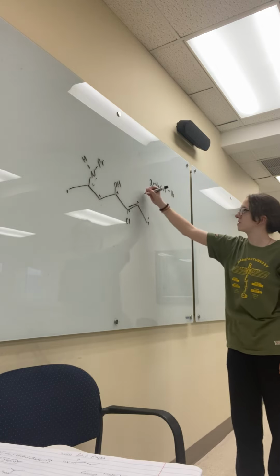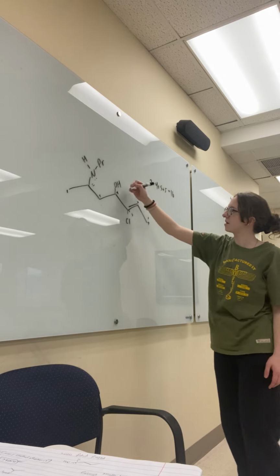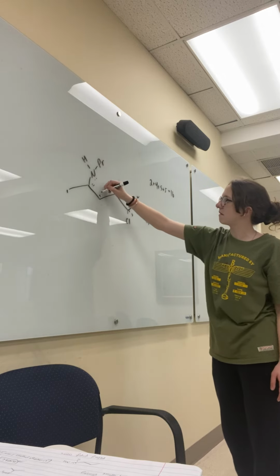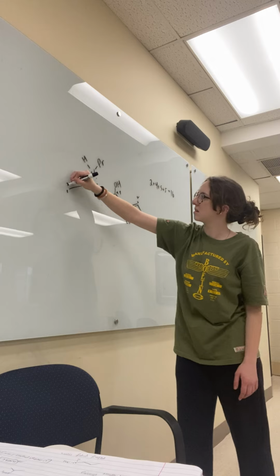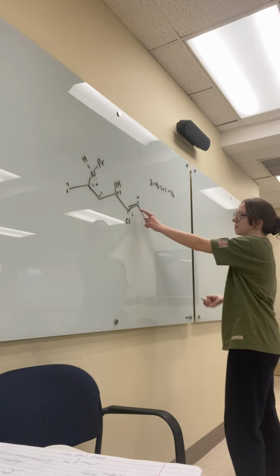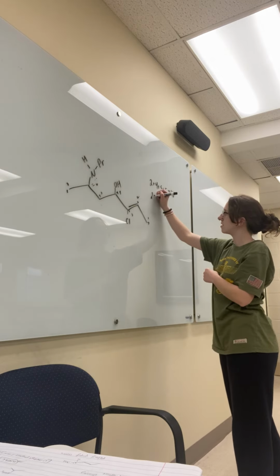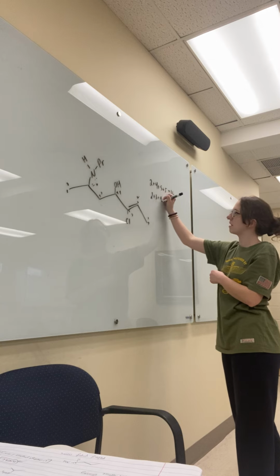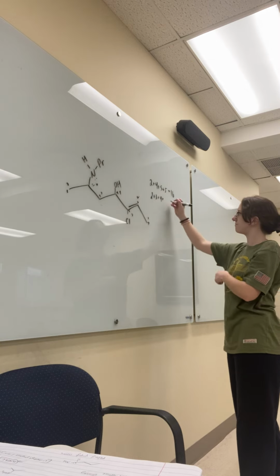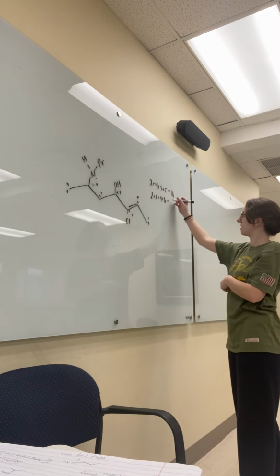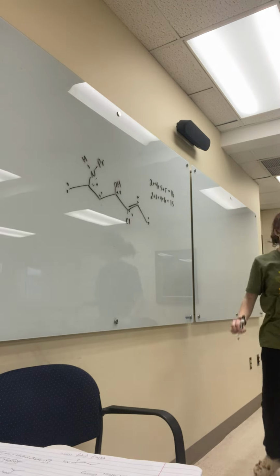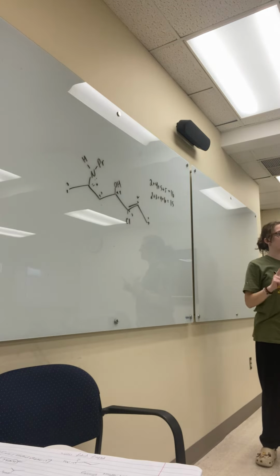If I were to number it this way, 2, 3, 4, 5, 6, 7, we'd get 2, 3, 4, 6, which would be 15. You guys understand what I did there to determine which way is?